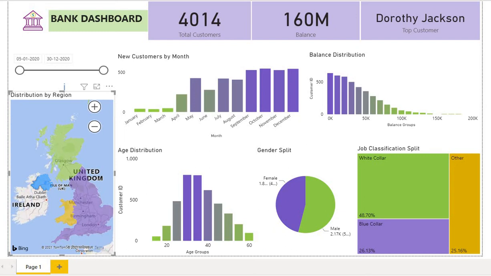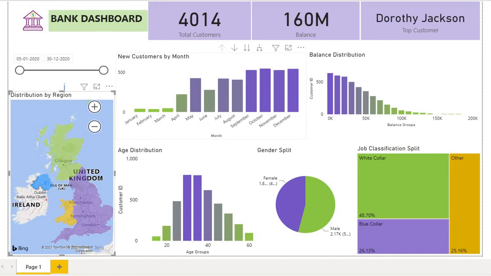So I started making my dashboard by mapping the three scorecards, namely total customers, total balance, and the top customer. Here, the top customer is the person who is having the highest balance amount in his or her account in our bank. So, I have started by listing out the distribution by region using a filled map.